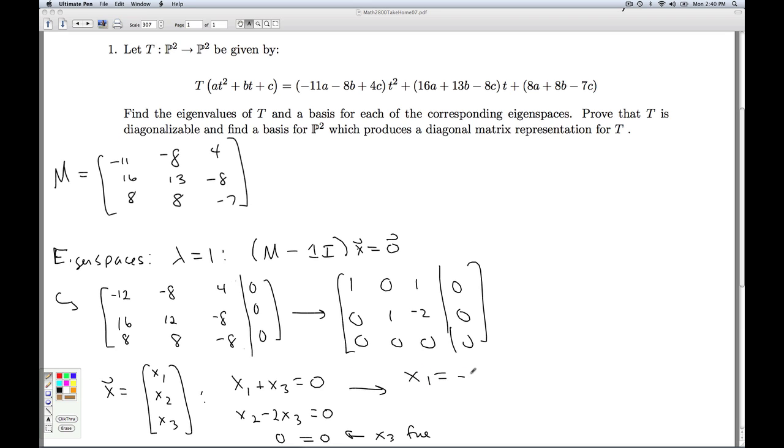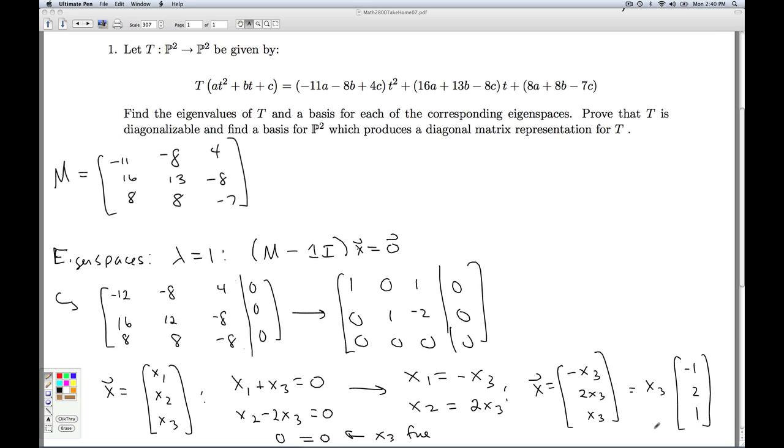So x1 is negative x3, x2 is 2x3, so our solution x is minus x3, 2x3, x3, which is x3 times negative 1, 2, 1. So if x is an eigenvector corresponding to lambda equals 1, then x has to be a multiple of this vector. So this is a basis for this eigenspace.